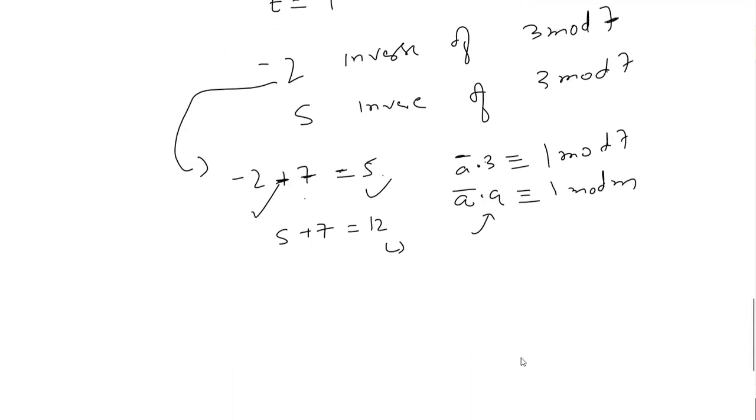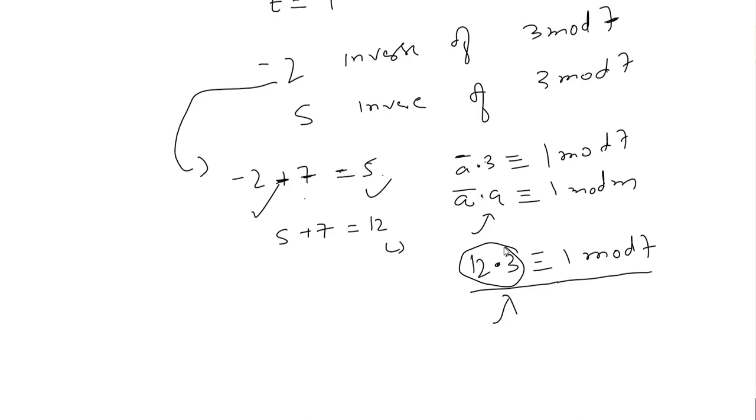So in that case, we have 12 times 3, and we have to check whether this is congruent to 1 mod 7. For this to be a genuine congruence, 12 times 3 minus 1 should be divisible by 7.